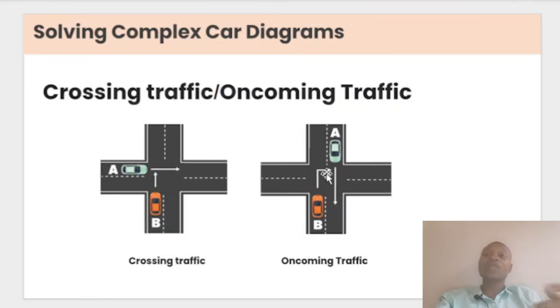So that's what oncoming means, and that's what crossing means. If you have crossing traffic, give the right of way to traffic approaching from your right. If you have oncoming traffic, you should not turn right in front of it. I hope this matter is settled and I've ended it. Now let's move on to our next slide.